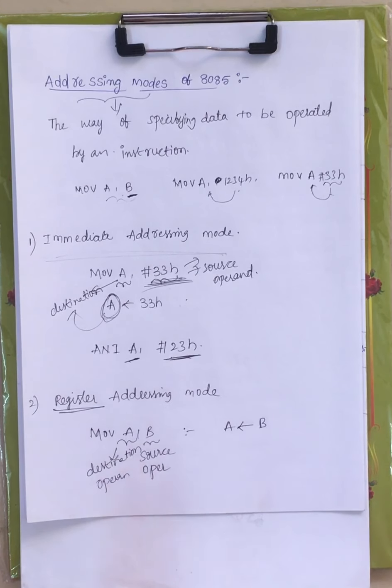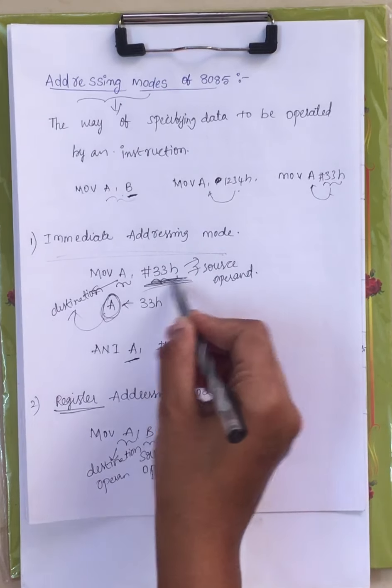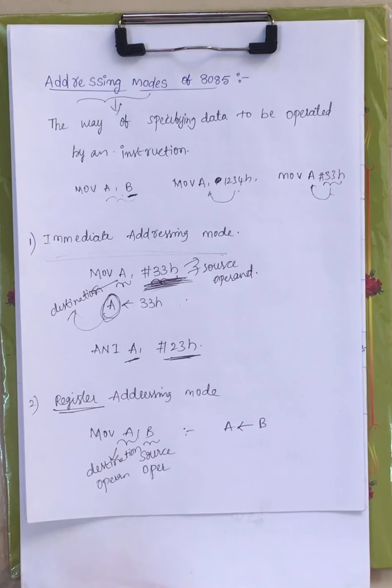Next we will see 3 different addressing modes. If you see these 2 different addressing modes, here we are specifying the source operand, the data that is to be operated by an instruction, right?